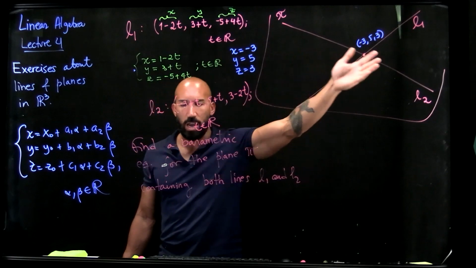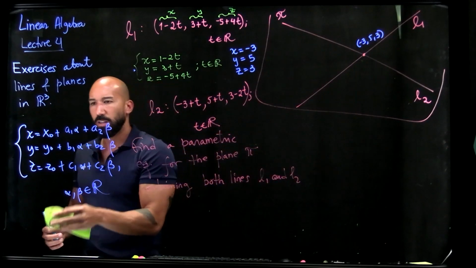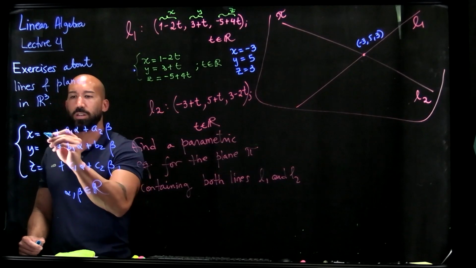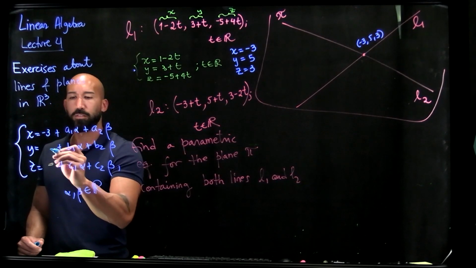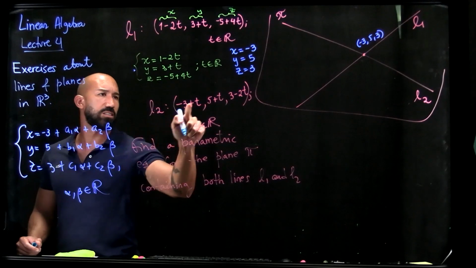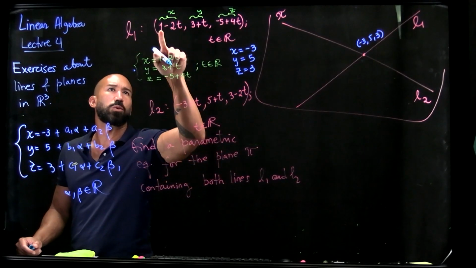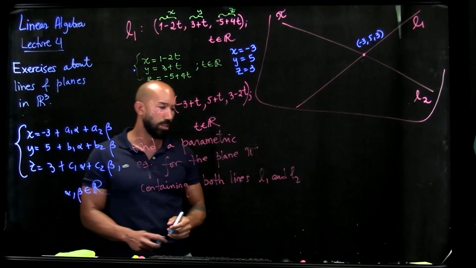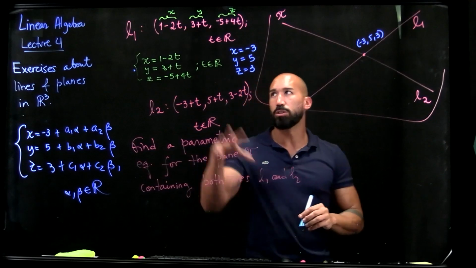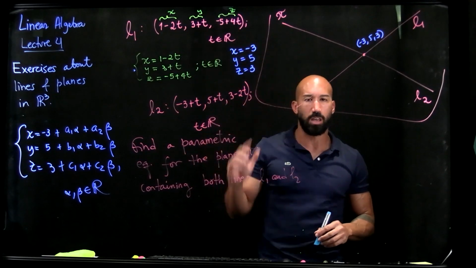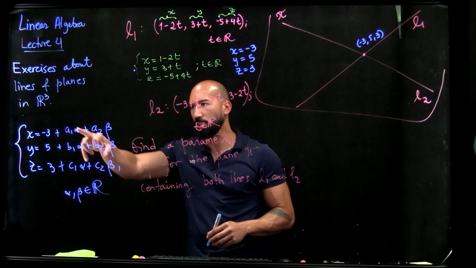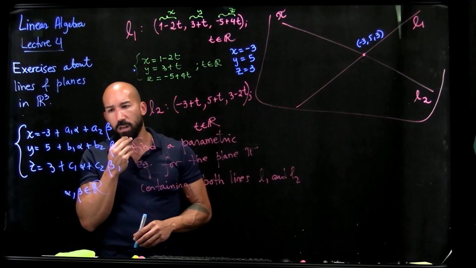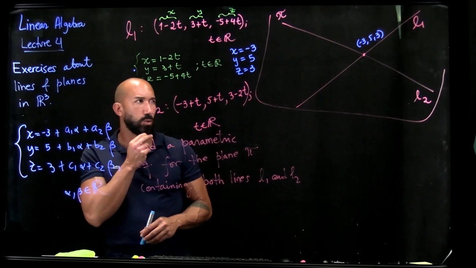Any point on any of these two lines is on the plane. So we have some information already. I will put it here, minus 3, 5, 3. That is the same one that I have here, but if you prefer, you can use 1, 3, minus 5, or, as I said, use the parametric equations here to get any point that you prefer. Okay, so we are just missing a1, b1, c1.